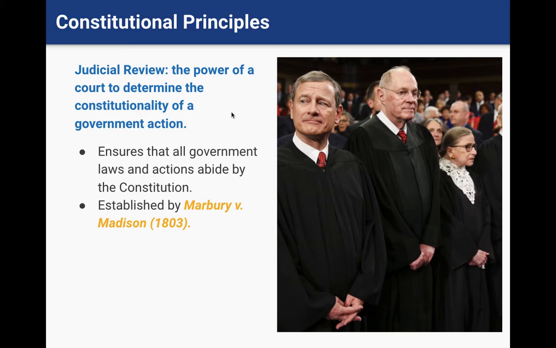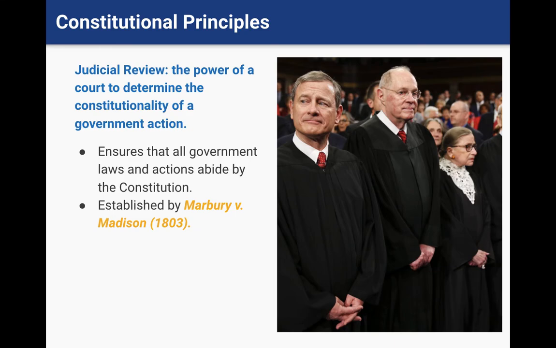Because what this means is essentially judges, federal judges, have the ability to look at actions by the federal government and determine that they're unconstitutional, that they are in some way violating the Constitution, and as a result of that, that particular act, whether it's a law, an executive order, whatever it is, is therefore invalid. Okay?